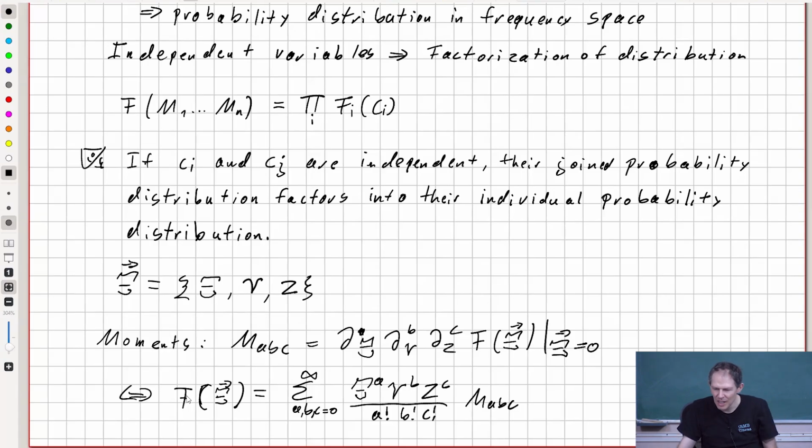So what we observe here is that we can write the moment generating function as a sum of the moments with the appropriate prefactor. Now, how would this work for independent variables? Let's have a look.